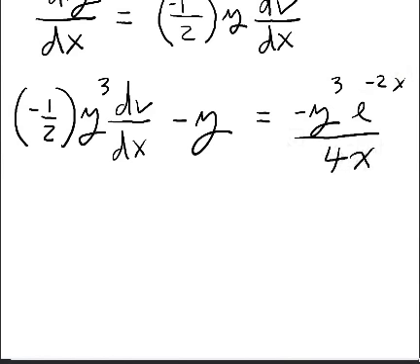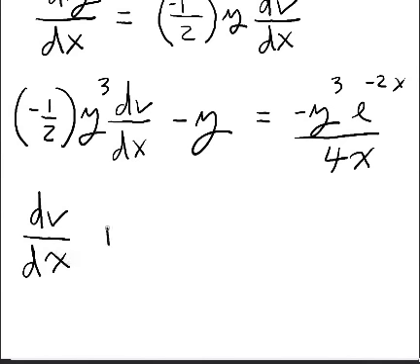Okay, now let's see what happens. I want to get rid of this thing, so I'm going to multiply by negative 2 times y to the negative 3rd power. When I say multiply, I mean obviously both sides of this equation by this.